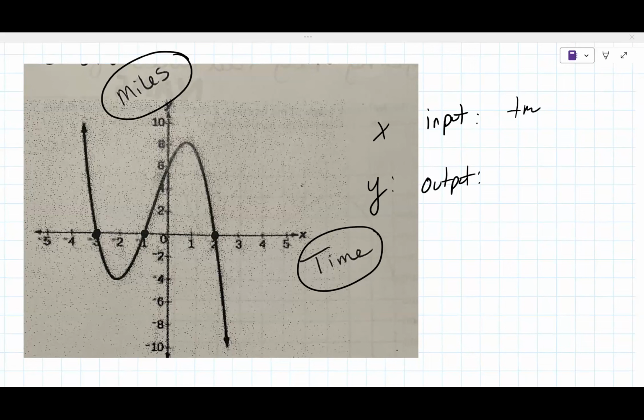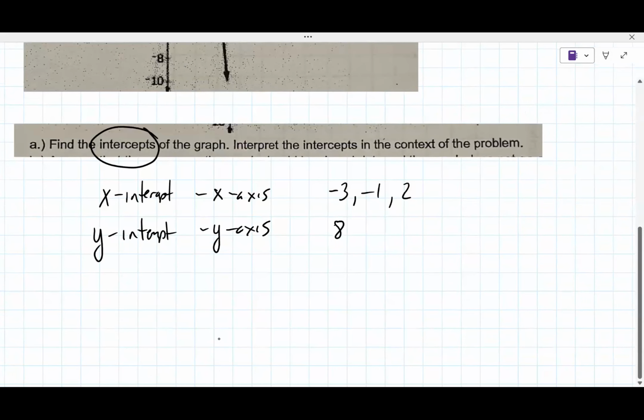What is the numerical value there? It's not one, it's just one number. Where does it cross the y-axis? At 8. Good. Very good. So the y-intercept is at 8.